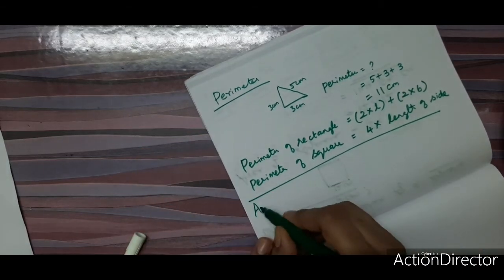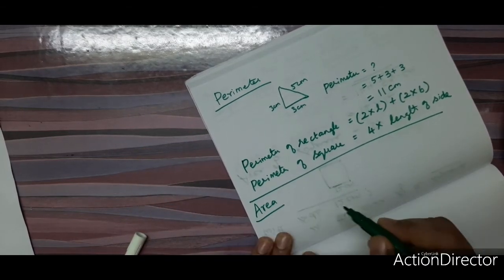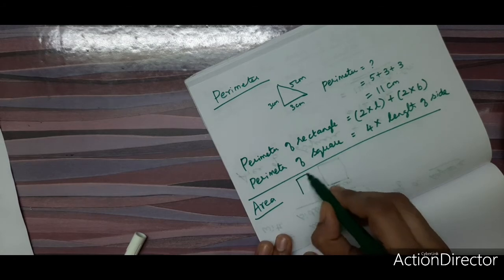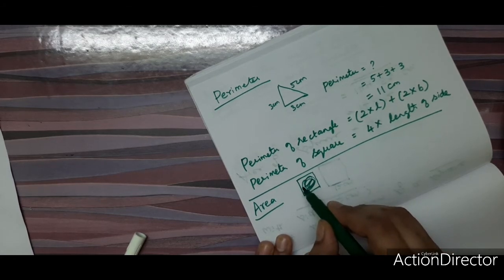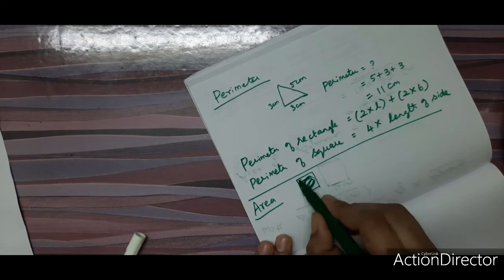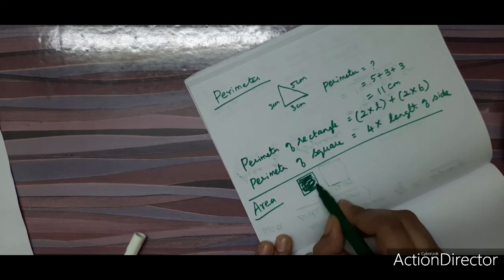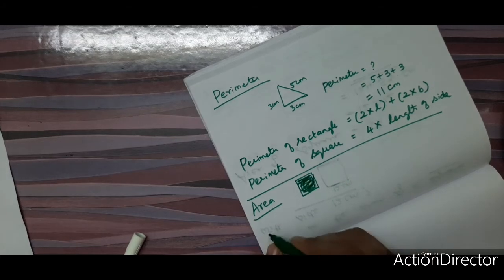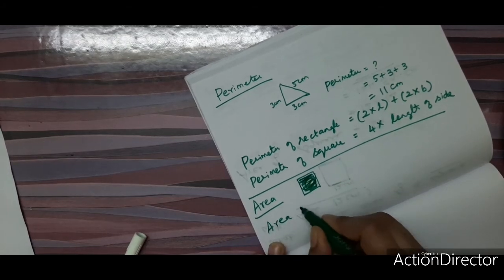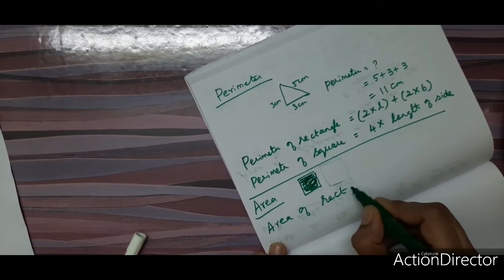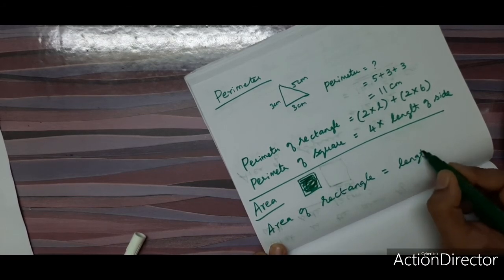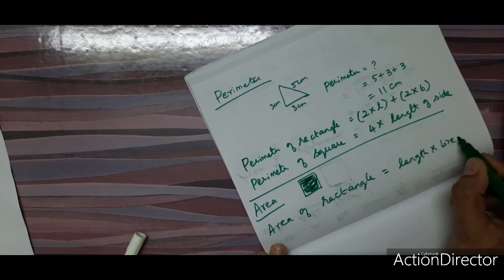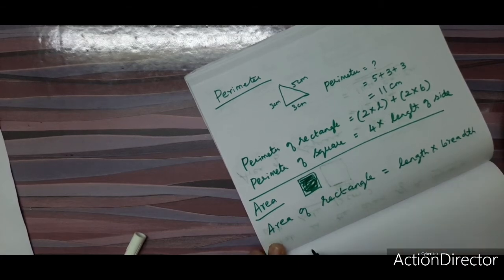Then comes area. Area means what? The inner part of a closed figure or a flat surface is called area. So this shaded part is the area. Now what is the formula for the area of a rectangle? Area of a rectangle is length into breadth.